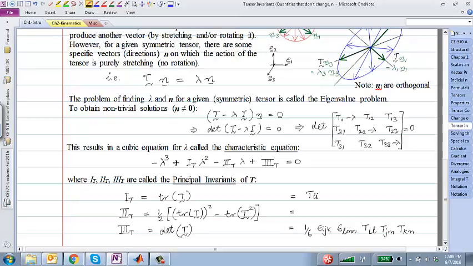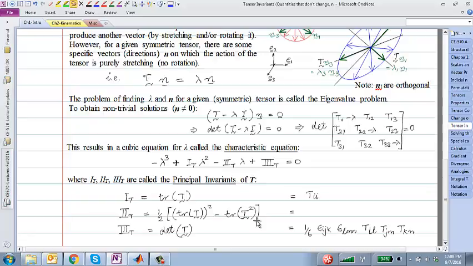However, the second invariant is different. Half of the trace of T squared minus the trace of T whole squared, minus the trace of T squared. So in terms of indices, how would we write that? Let me ask you this: trace of T, what primary invariant is that? T_ii.